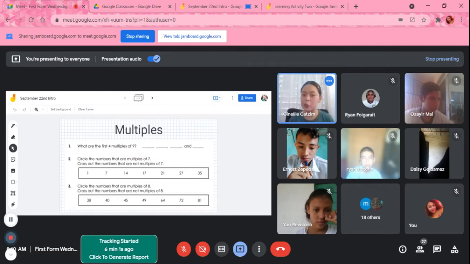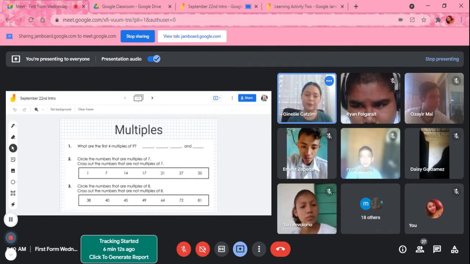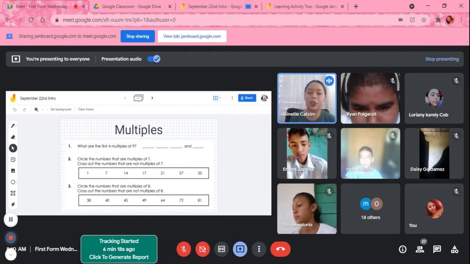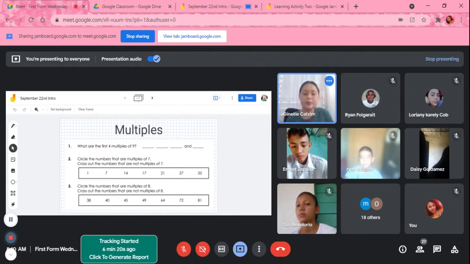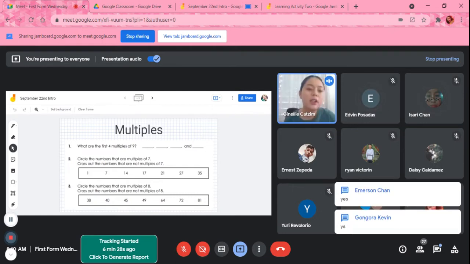Do you agree? Noah, do you agree that we have to multiply 9 by another number to get the multiple? Yes, miss. Okay, that's correct.